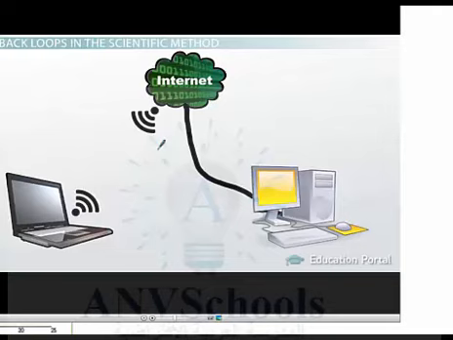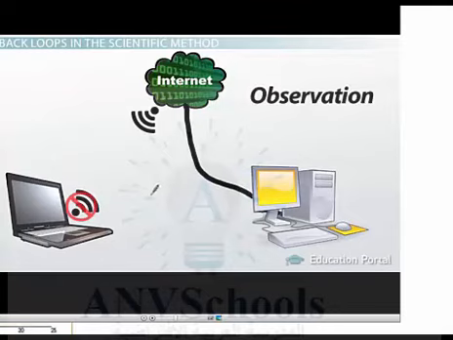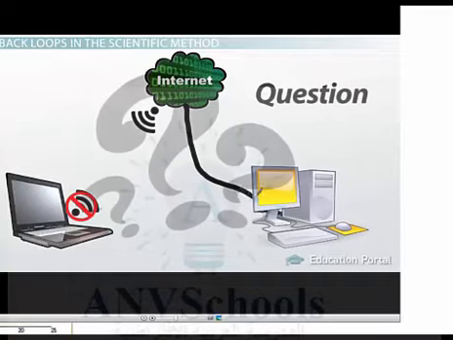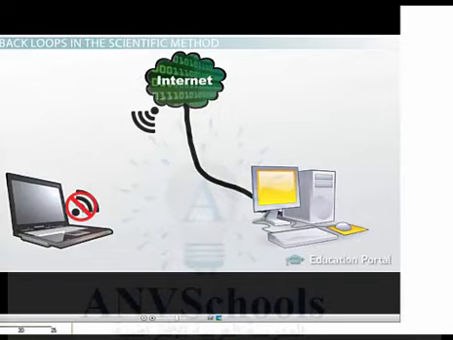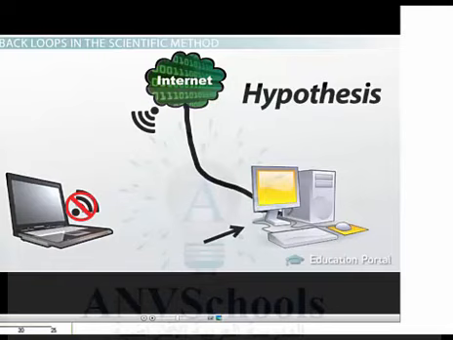We will take an example here. I have come home, I try to put on my computer, I cannot get the internet signal, so I will start observing. I will go to the computer, I will check the cable if it is connected. That is a question. Maybe the cable is not connected. I will check the cable.